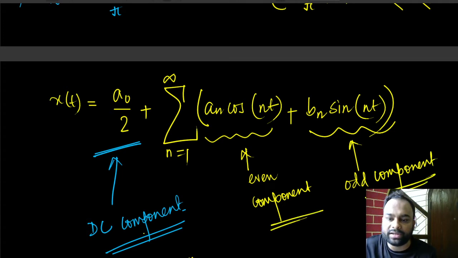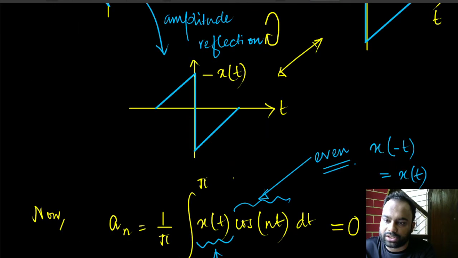So this is representative of the DC component, this is representative of the even component, and this is representative of the odd component of the signals. We shall discuss those later on.